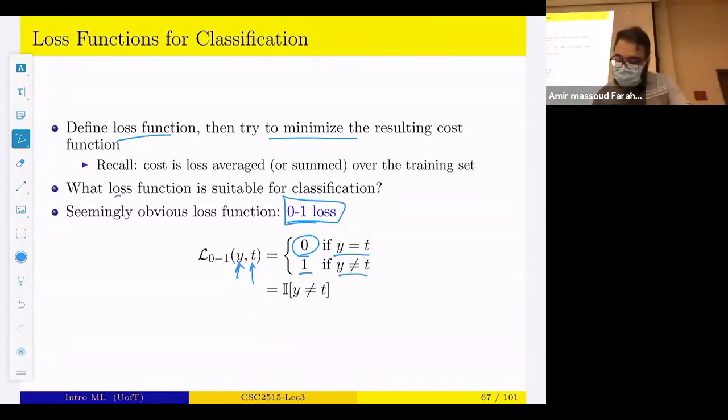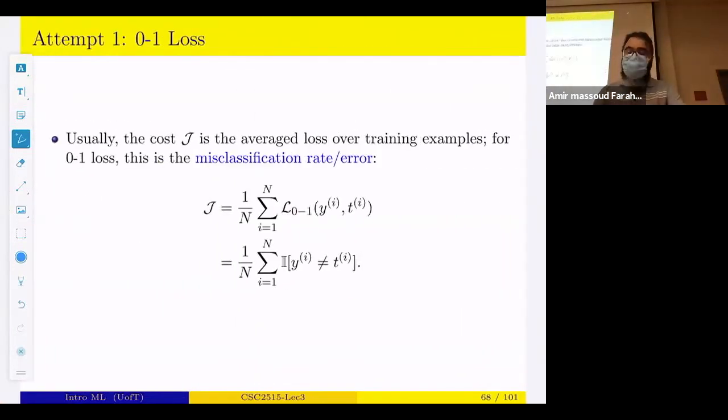This also can be written as the indicator of whether Y is not equal to T. If Y is not equal to T, this counts as 1. If they are the same, then there wouldn't be any loss. So this is just a more compact mathematical notation. This is, of course, for one point.